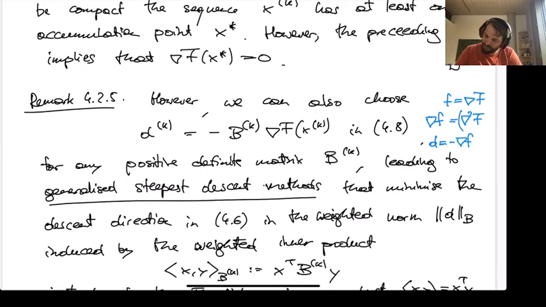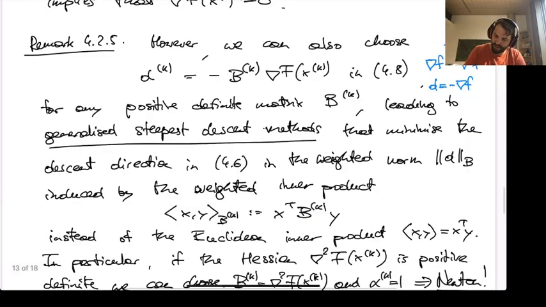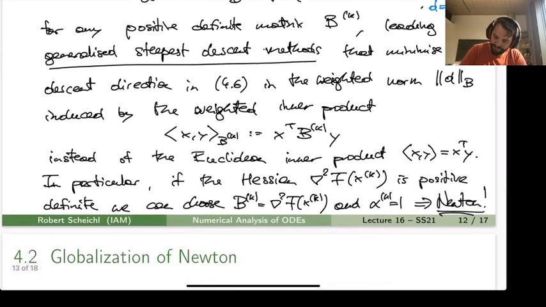I need to choose, of course, the inverse here. So the metric we're choosing is the inverse of the Hessian. Or did I just write it differently here? Yes. Not a typo.